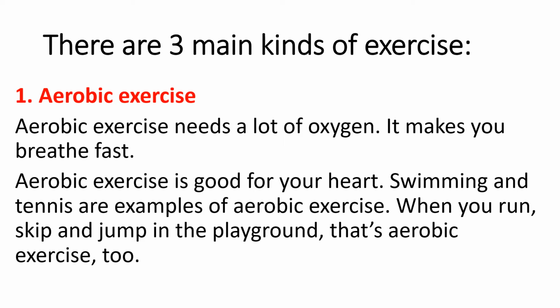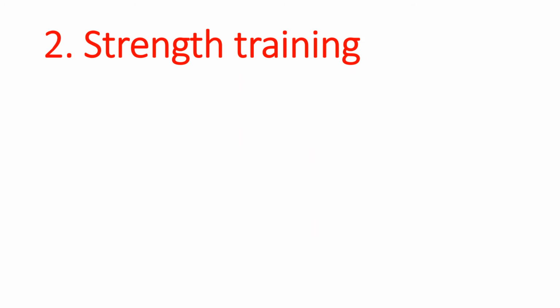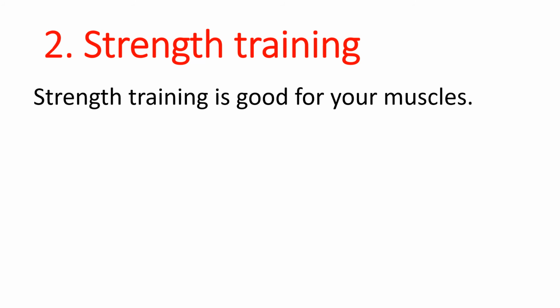Now let's proceed to number two, or the second one. Okay, so the second kind of exercise is strength training. Again, say it please. Strength training. Good. So strength training is good for your muscles.